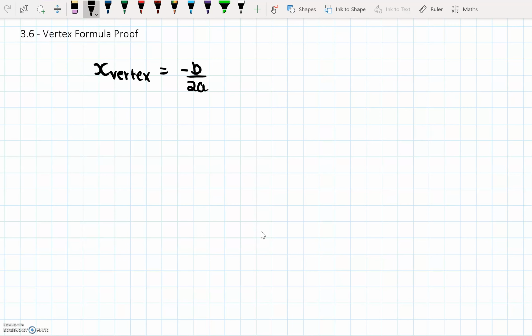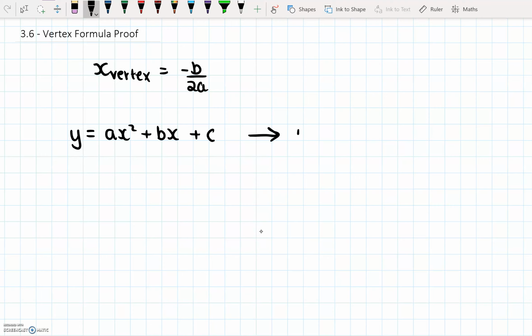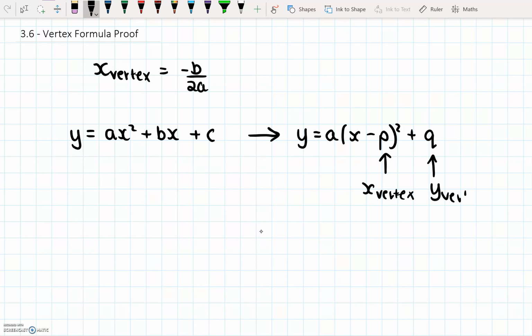Now, the general formula for a quadratic equation is y equals ax squared plus bx plus c. You have now learned about vertex form of a parabola, and the vertex form is y equals a(x minus p) squared plus q, where p is our x vertex and q is our y vertex.